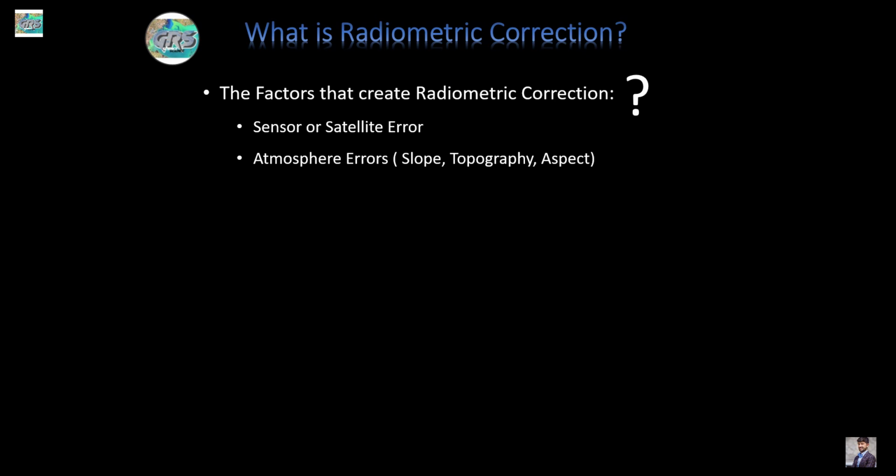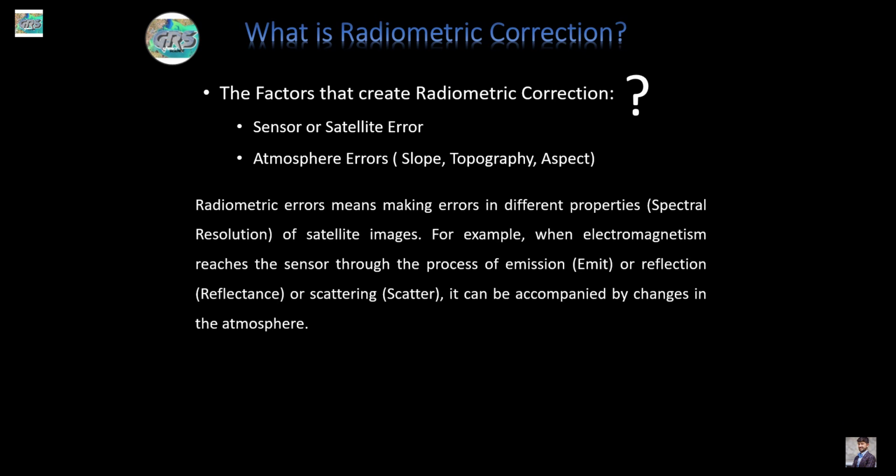Now we want to ask you a question. What are radiometric corrections? Radiometric errors mean errors in different properties. Different properties mean the spectral resolutions of satellite images. For example, when electromagnetic waves reach the sensor through the processes of emission, reflection, and scattering, they can be accompanied by changes in the atmosphere. This electromagnetic wave includes emissions, reflections, and scattering.